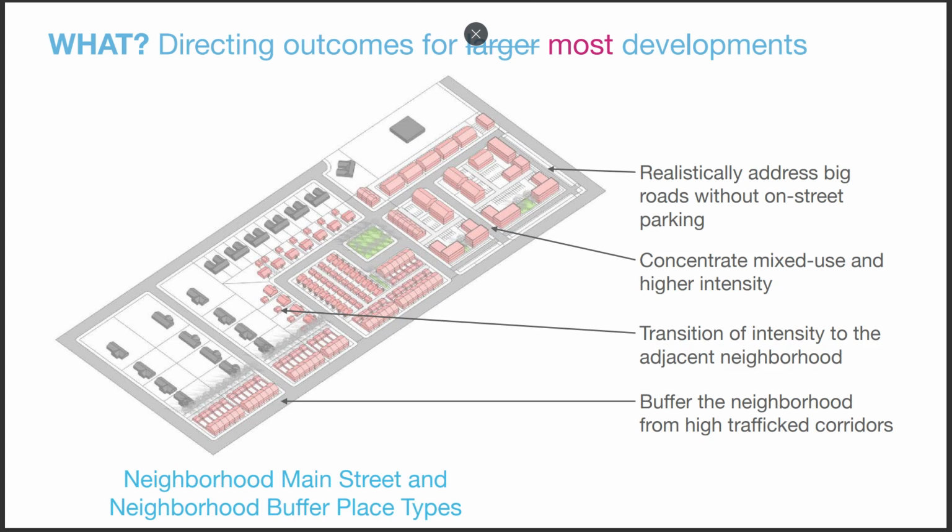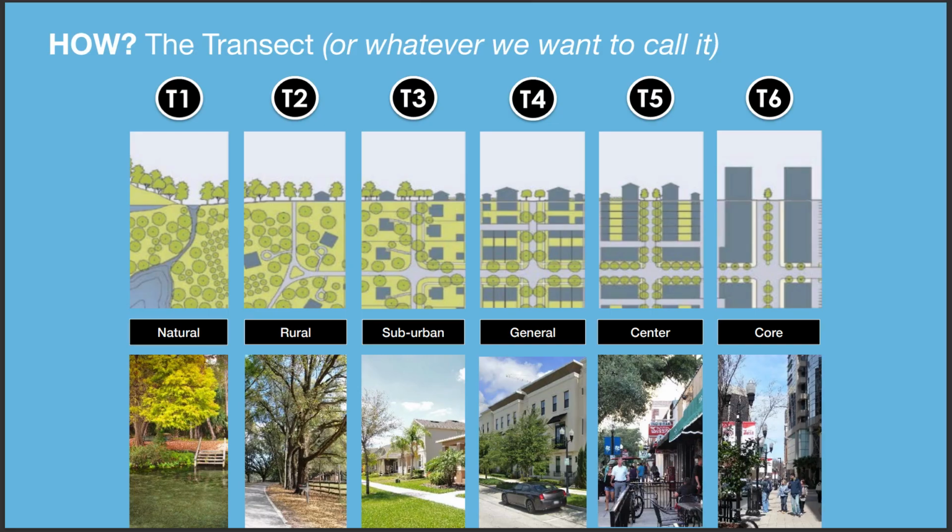And you can't put buildings right up to the street when you don't have on-street parking. So what are the allowances there to ensure a cohesive development environment? So a little parking in front, little bit in back, streets connected, open space in the middle. But the point is trying to deal with these adjacencies, and how do we deal with those adjacencies?